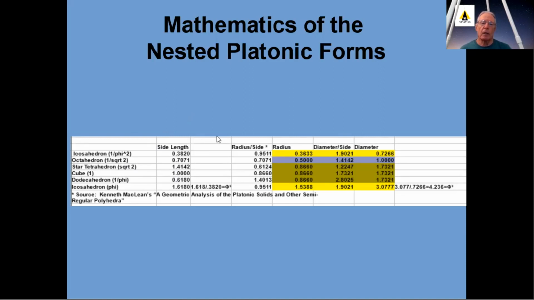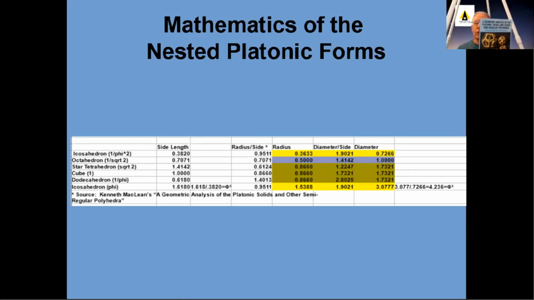In order to get the radius and the diameter of each of these Platonic solids, I needed to know the relationship of the radius to the side of each of these Platonic forms. I've shown you this book in the previous video, but I'm going to hold it up again now. This is Kenneth McLean's book, A Geometric Analysis of the Platonic Solids and Other Semi-Regular Polyhedra.